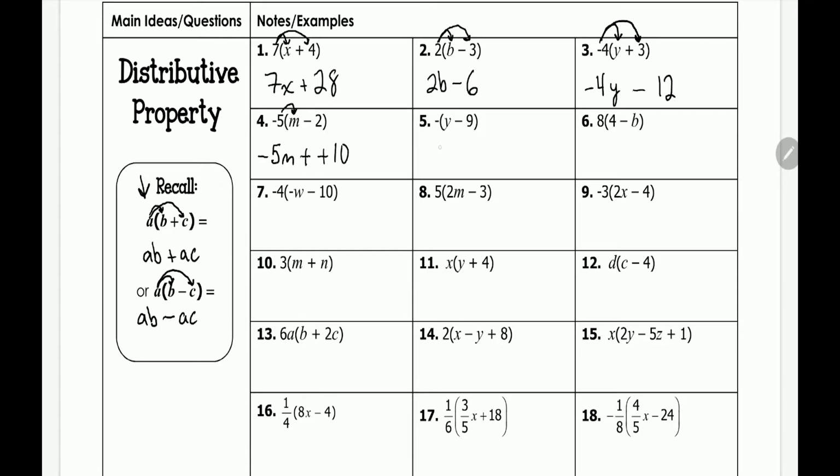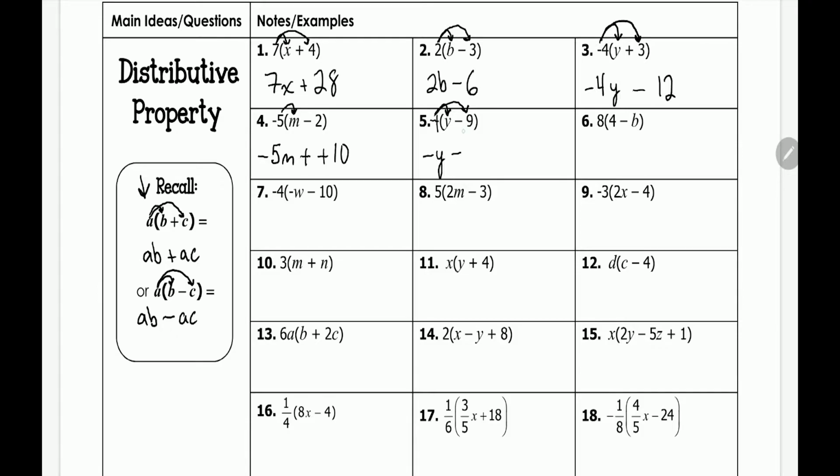Number 5, we have a negative sign outside of parentheses. So we're going to imagine that this is a negative 1 on the outside, and we have to distribute this negative 1. So we have negative 1 multiplied by y and negative 1 multiplied by 9. Negative 1 multiplied by y gives us negative y.